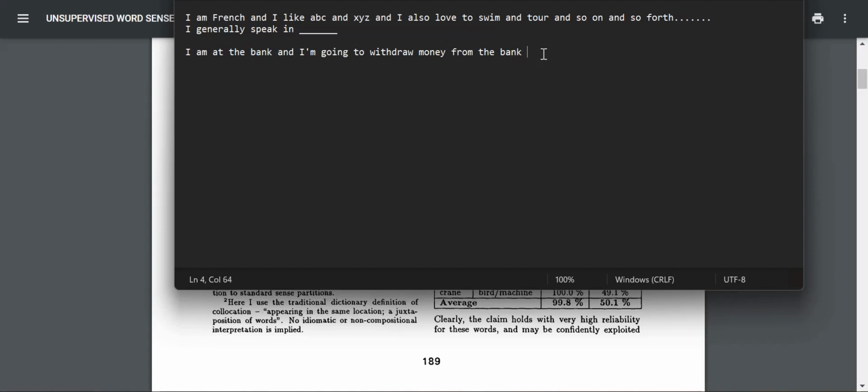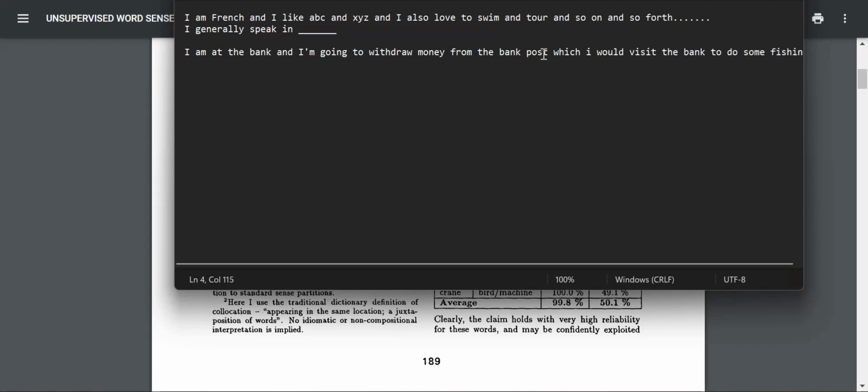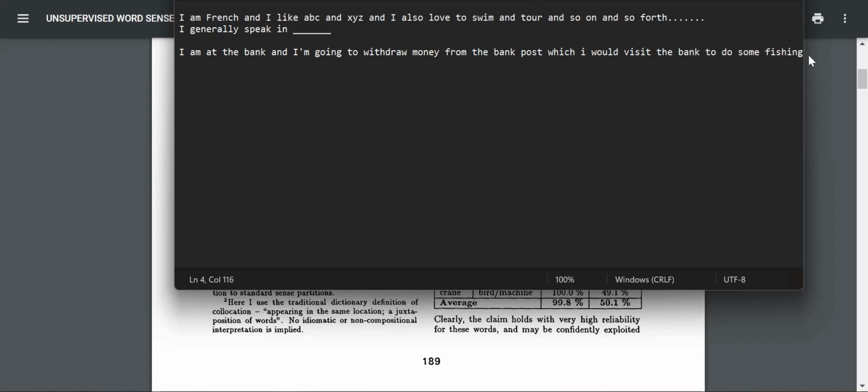Of course, the person could say, post which, "I would visit the bank to do some fishing." And here the contexts are highly different. This bank is a river bank, but this bank is a money bank. But how often would you see such a sentence, right?